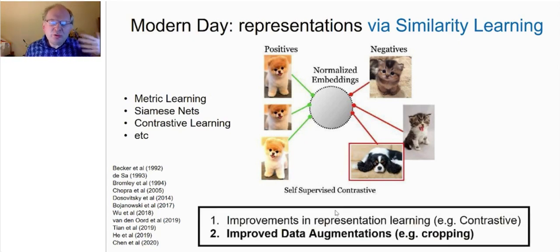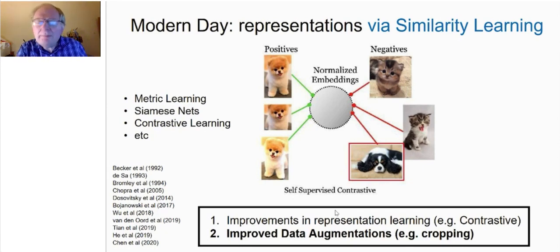One of the reasons there has been so much progress is lots of great improvements in the learning paradigm, especially contrastive learning. It seems like every couple of weeks there's more and more exciting stuff on that. But another maybe not really appreciated thing is that data augmentation has also been improving over time.